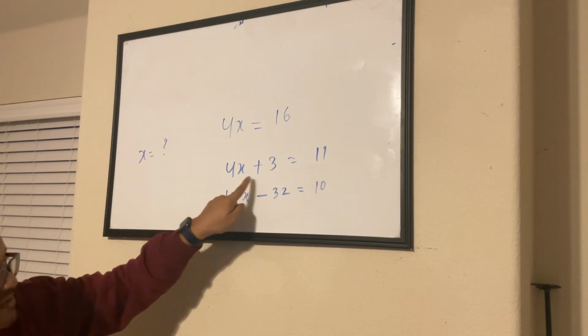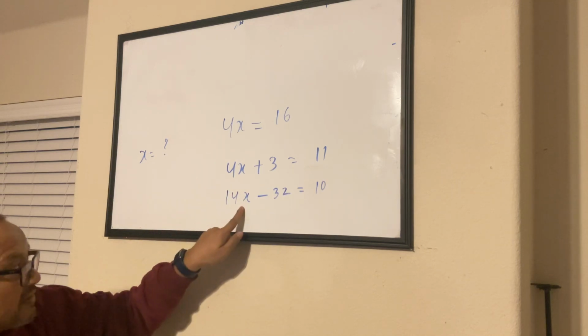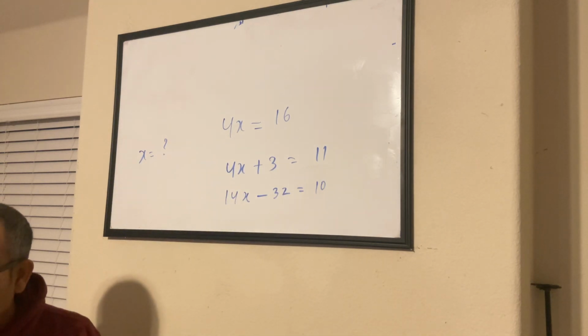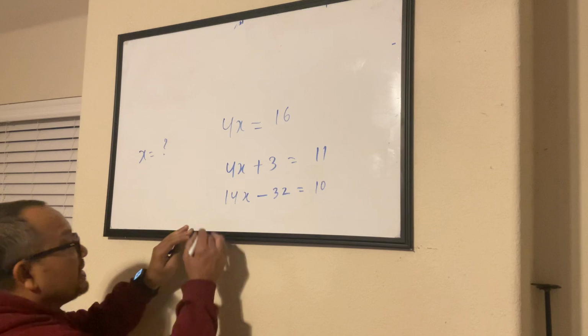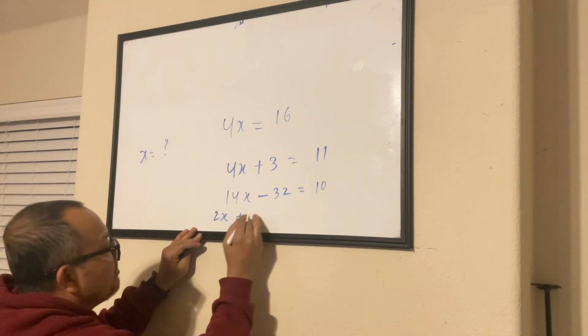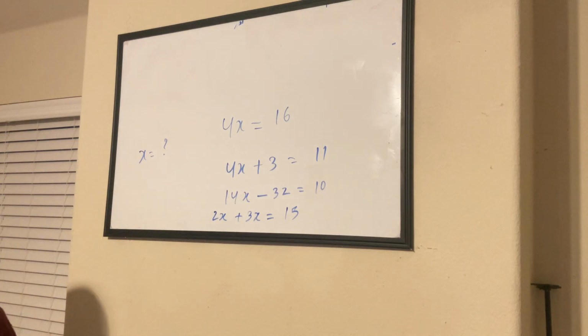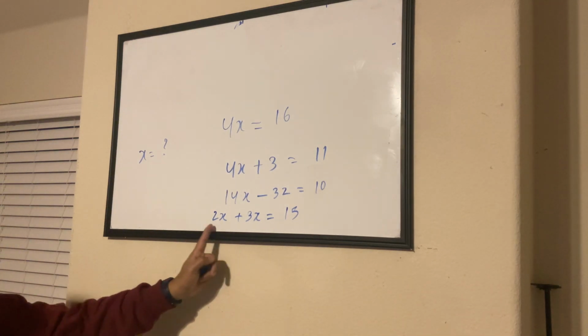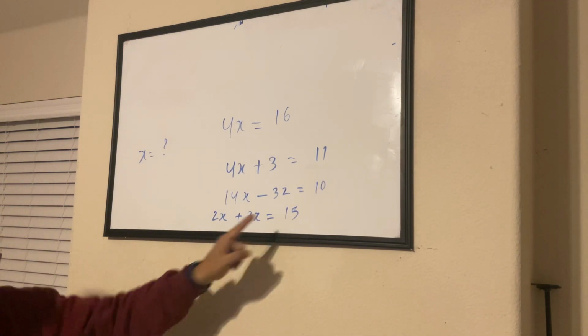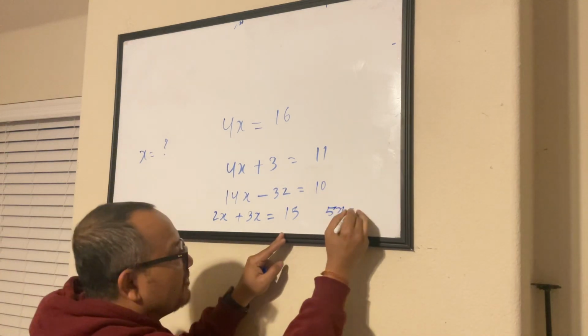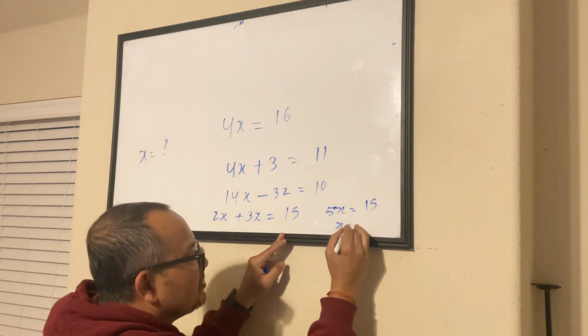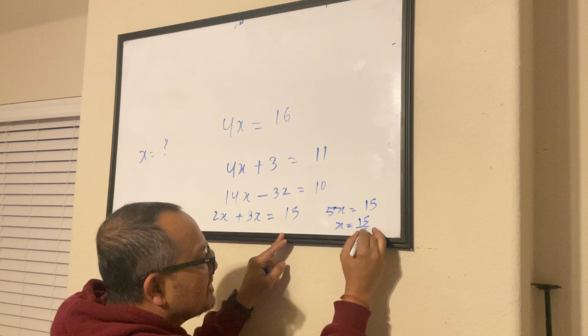Even if I say 2x plus 3x equals 15, solve it for x. You can still solve it. 2x plus 3x will be 5x, which equals 15. So x equals 15 by 5, which is 3.